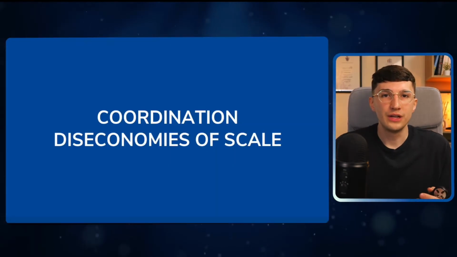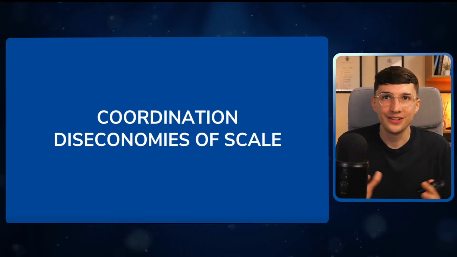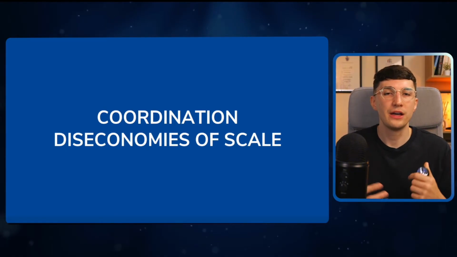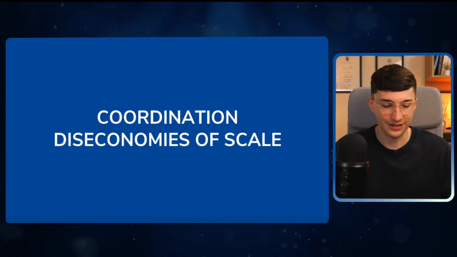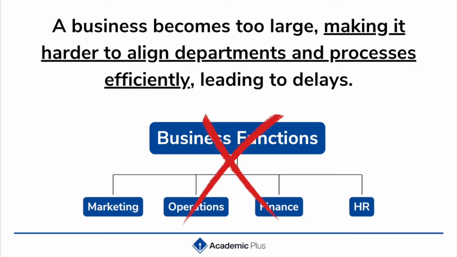Keep that in mind because this is going to be a common theme throughout all of our methods of diseconomies of scale. Now, another reason that diseconomies could happen is that as the business is growing too large, we may struggle to coordinate all the different activities of the business. So businesses start to experience these inefficiencies as they struggle to coordinate effectively across their different departments, across the marketing, operations, finance, HR.